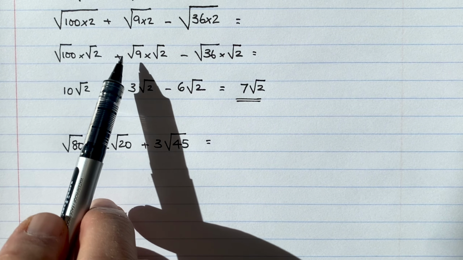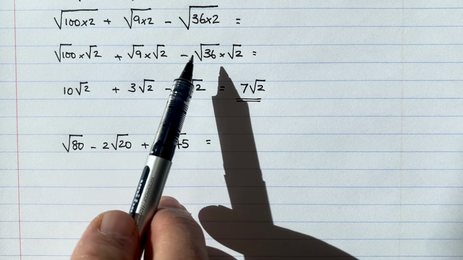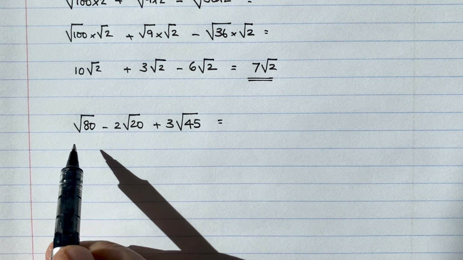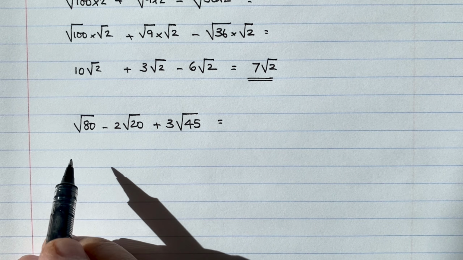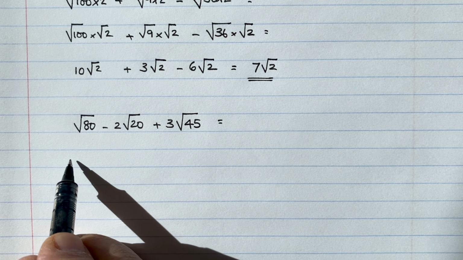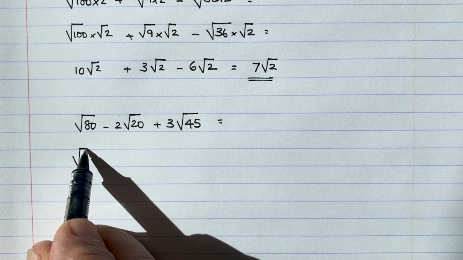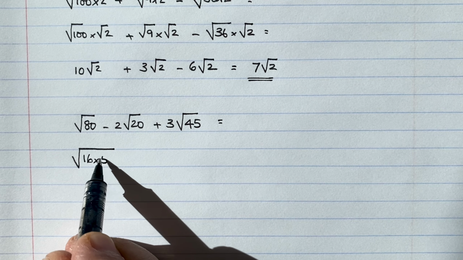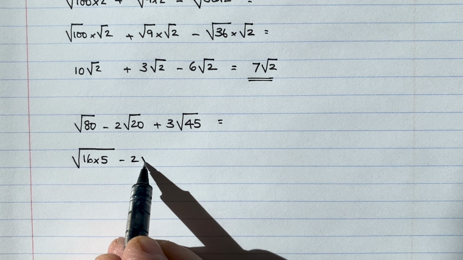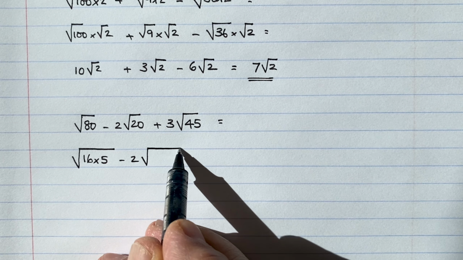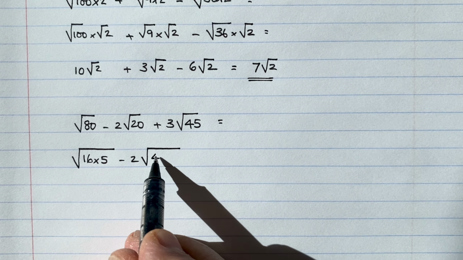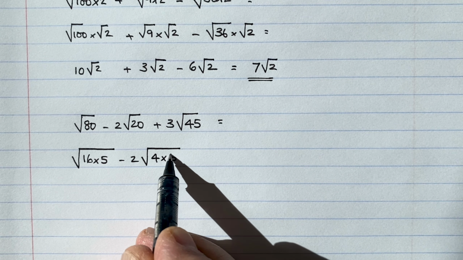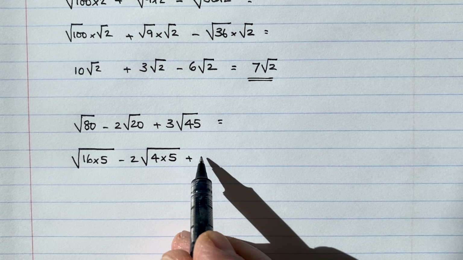Here they all had root 2, root 2, root 2. Here the biggest square number that I can divide 80 by is 16. I write 80 as 16 times 5. 2 lots of root of 20 would be 4 times 5. So you can see the 5 seems to be the common number here.